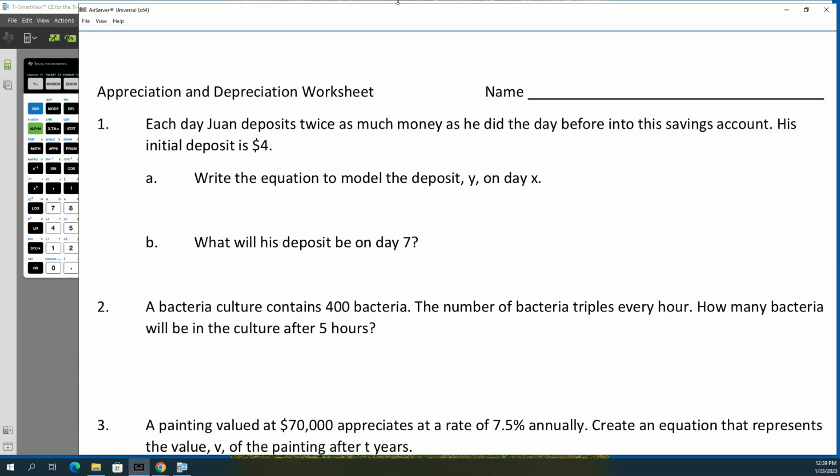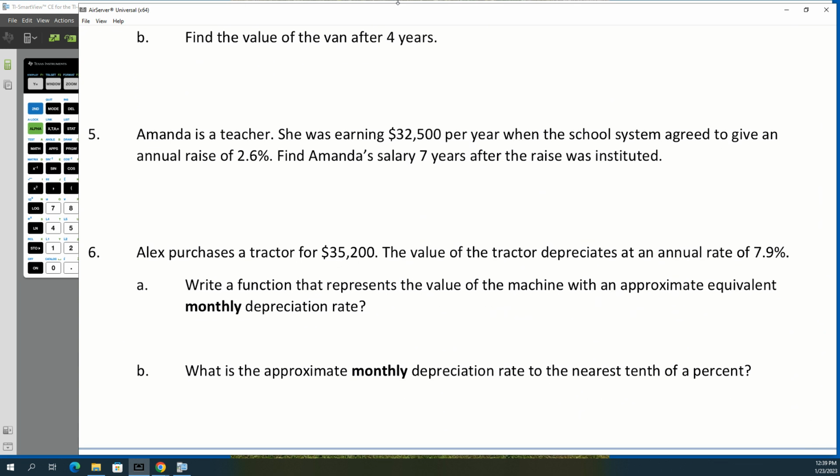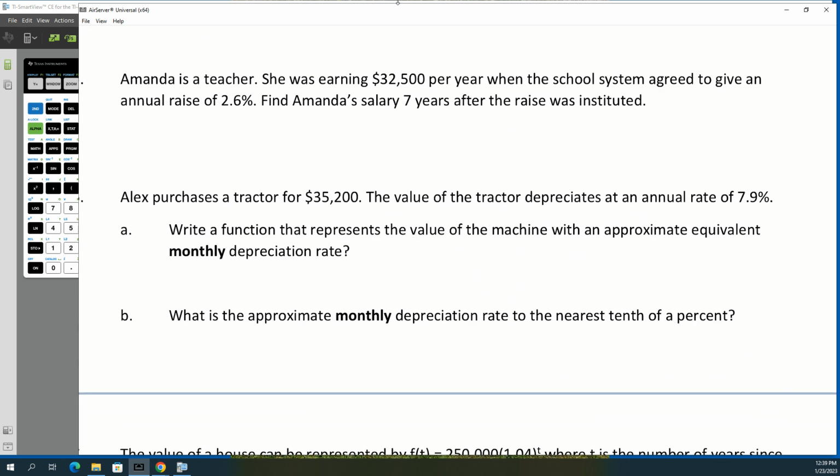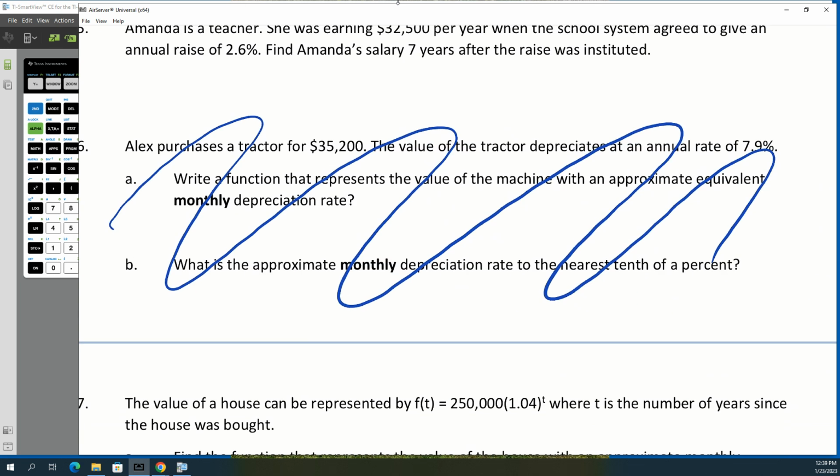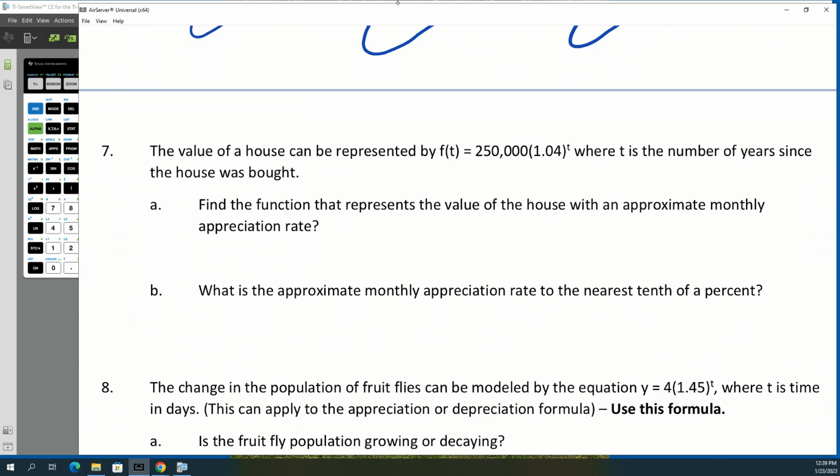All right, so the ones I don't want you to do are 6. It's about Alex. Sorry, Alex. There's 6. And then you can mark out 7 and 8.